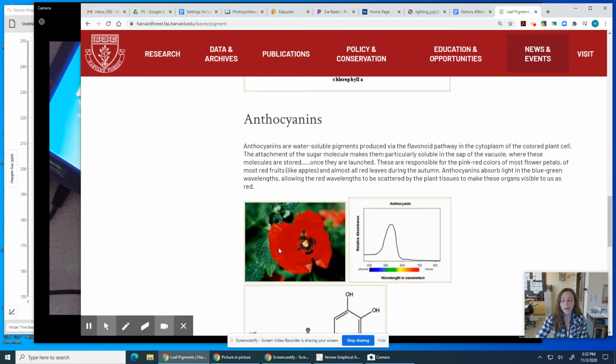And when all of our leaves turn beautiful orange-red in the fall, that is the anthocyanins you are seeing. Now, the interesting thing is if we look down here at this absorption spectrum, anthocyanins absorb light, if I use my cursor, in the blue-green wavelengths. So this pigment is absorbing some light in the wavelength that chlorophyll is not absorbing.